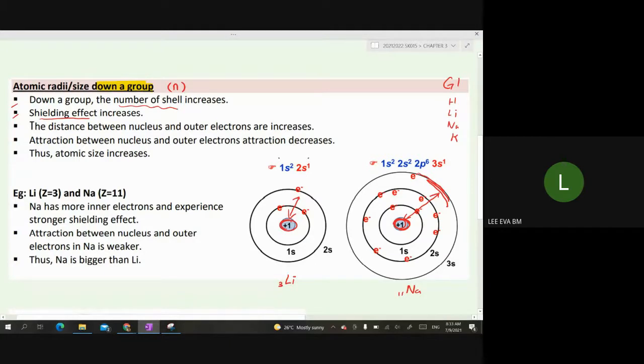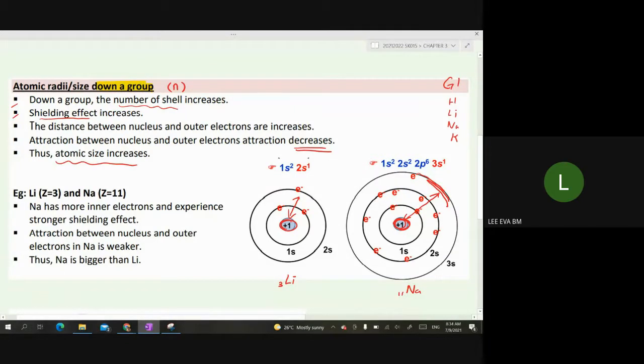So the attraction between nucleus and your outer electrons will decrease. Kenapa decrease? Sebab dia makin jauh. Bila jauh, awak imagine magnet dengan satu paku. Kalau awak letak jauh, dia punya attraction sudah kurang dah. Makin jauh, makin kurang. Okay, so that is common sense. This distance increases, the forces of attraction will reduce. Therefore, going down the group, the atomic size will increase.